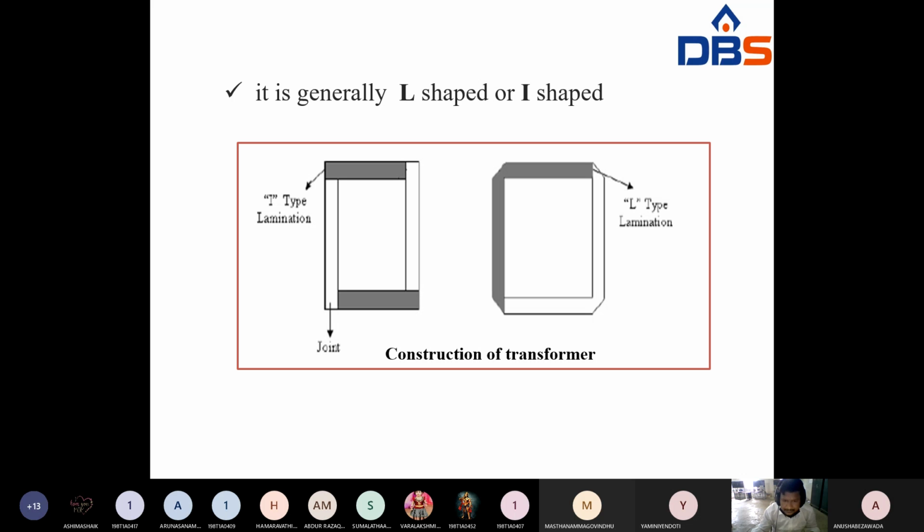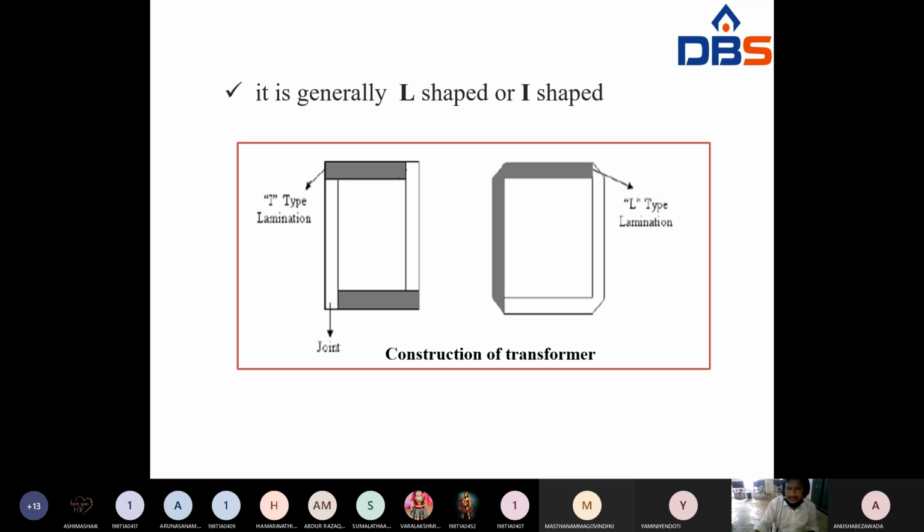So look at the figure. This is the limb and this is the yoke, and this is a rectangular type, right? And this is the L type, where we have to join the laminations. This is one L and this is another L type lamination.